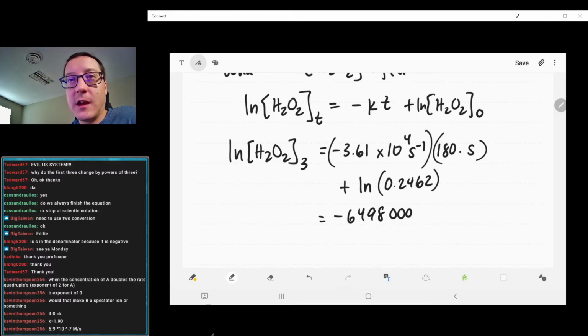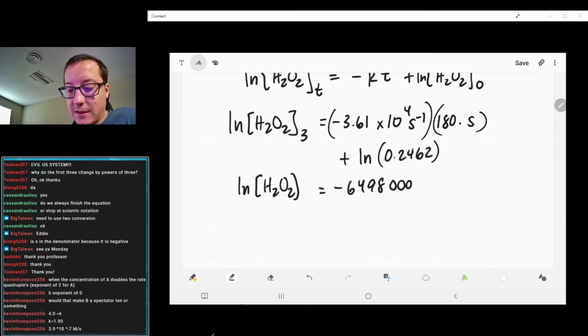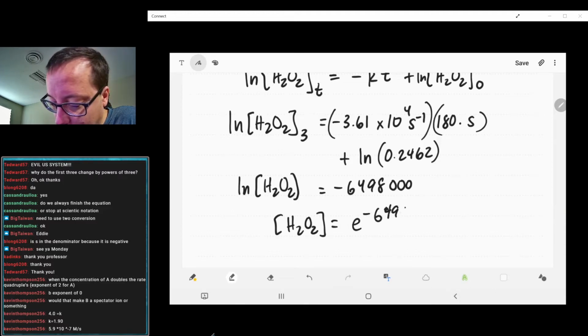So we must therefore do e to that number, right, to get rid of our natural log term. The opposite function of natural log is e to the x, right? So this is going to tell us our natural log of H2O2 at time equals 3 minutes is that. So therefore our concentration of H2O2 is e to the negative 6,498,000, which will be, let's see if I can do this in Google.